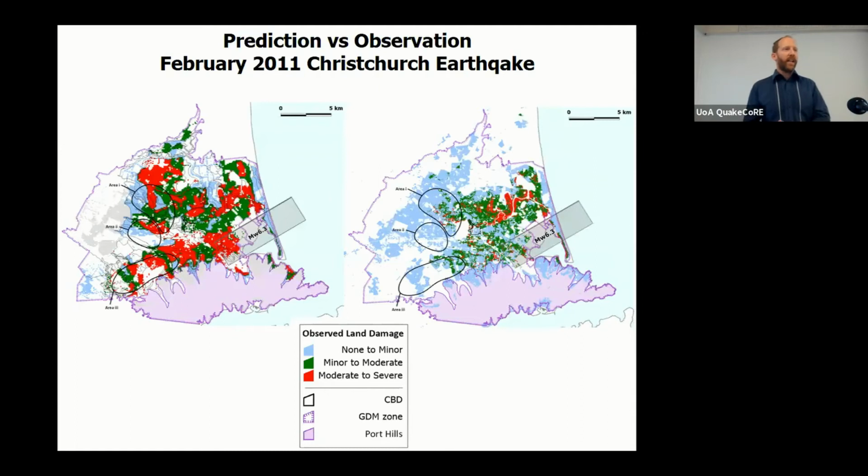It's actually showing us that the prediction of liquefaction is better at higher shaking intensities than it is at lower shaking intensities.